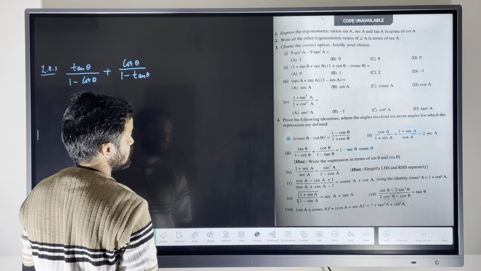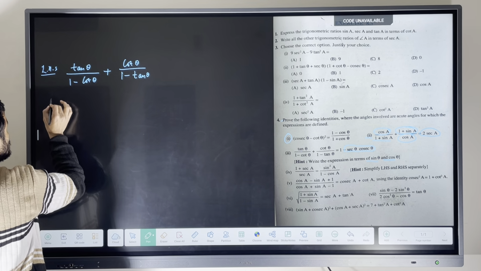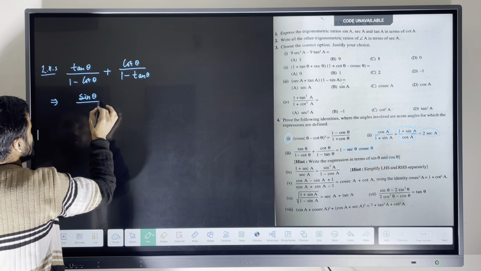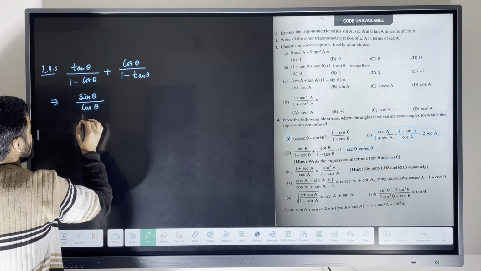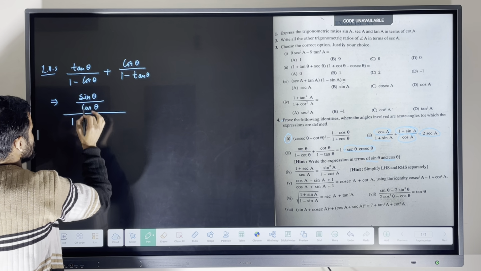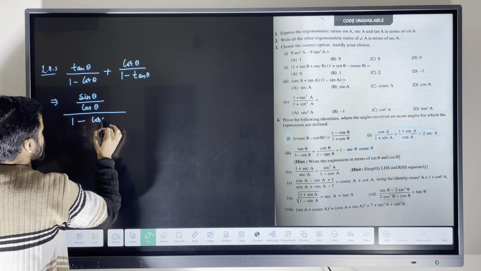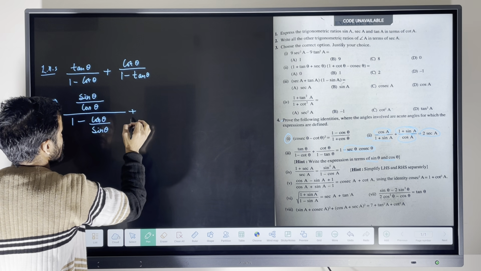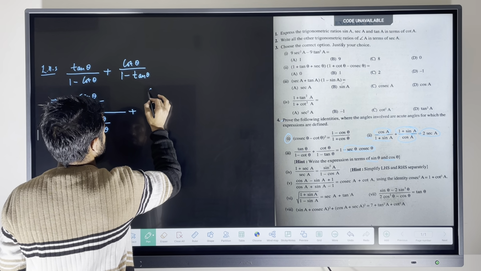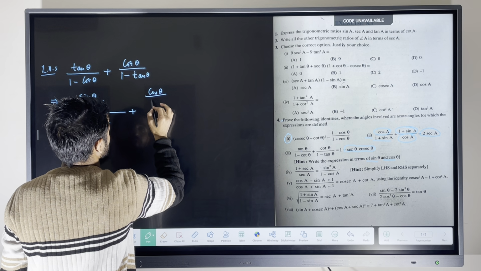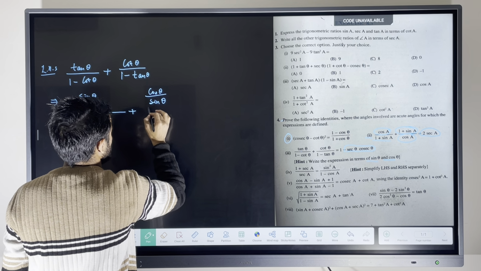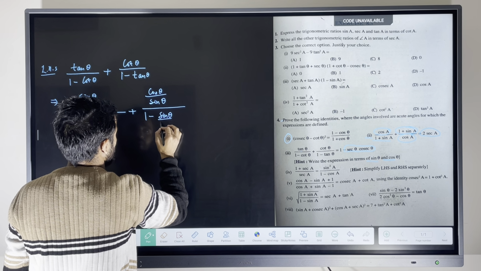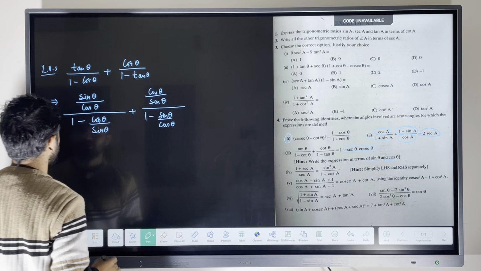So if we change it in the form of sin theta and cos theta, tan theta is sin theta by cos theta whole upon 1 minus what is cot theta. Cot theta is cos theta by sin theta. Now here plus again cos theta by sin theta whole upon 1 minus sin theta by cos theta.